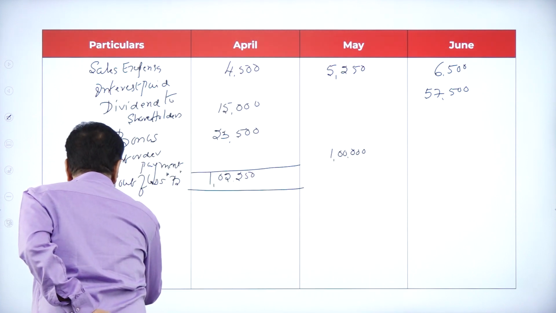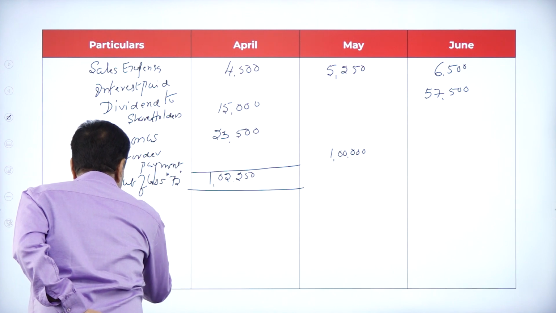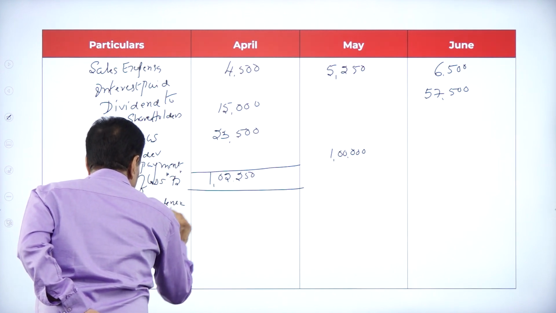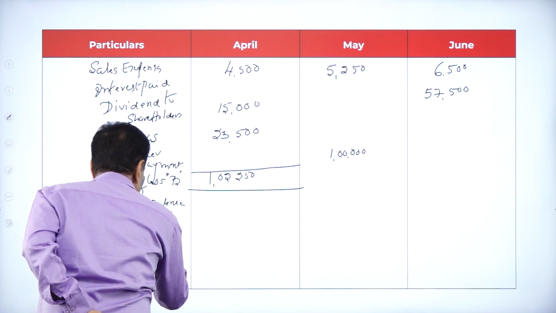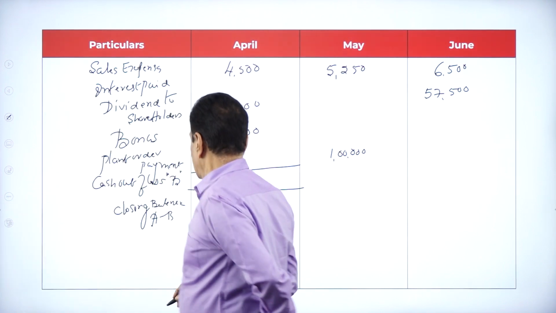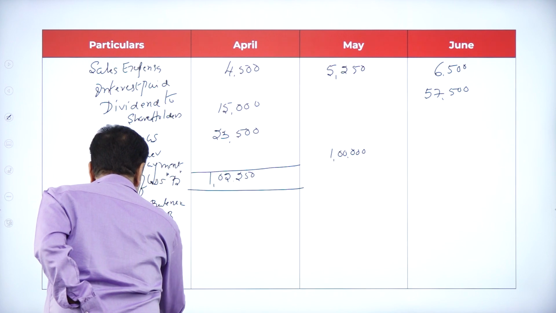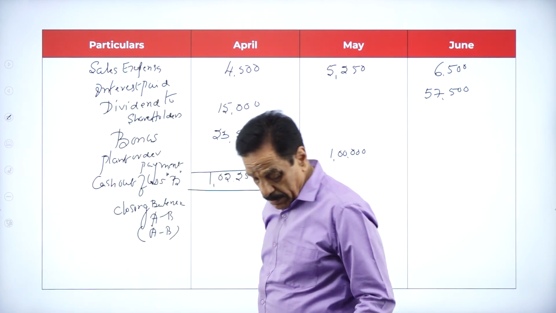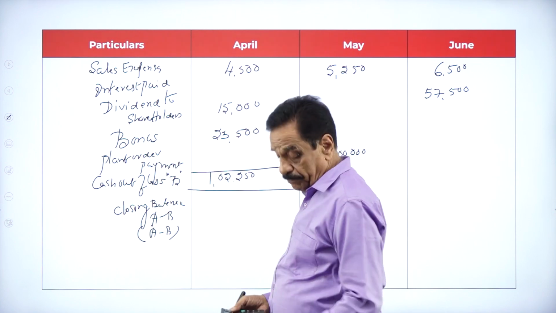Closing balance. Closing balance is A minus B. What's your A?